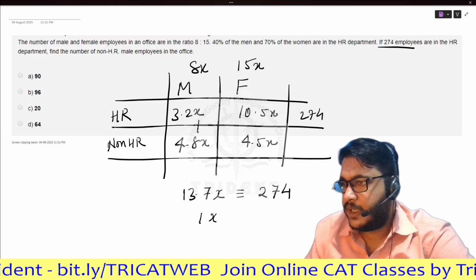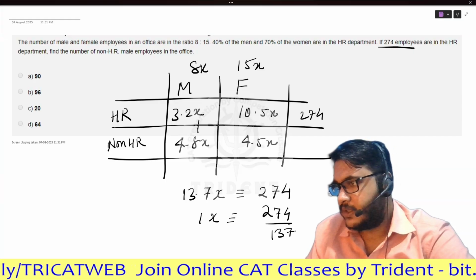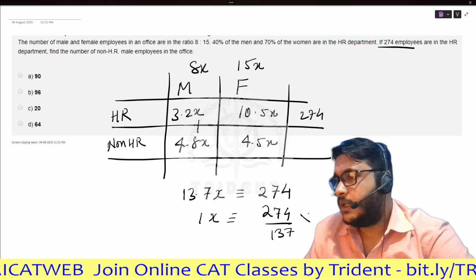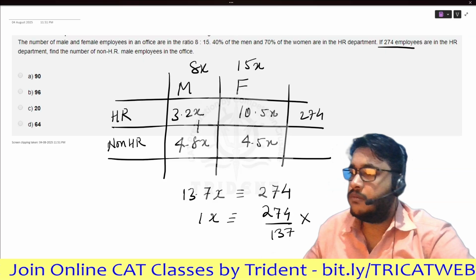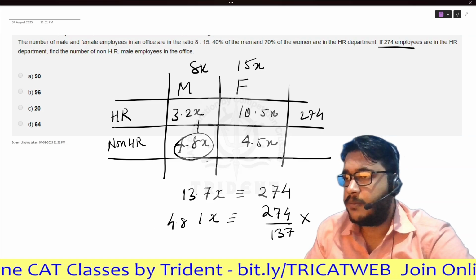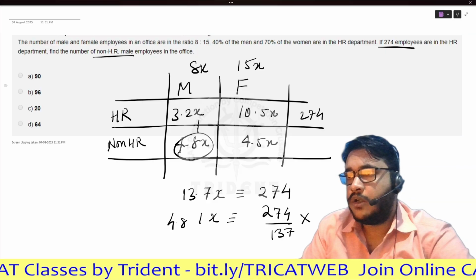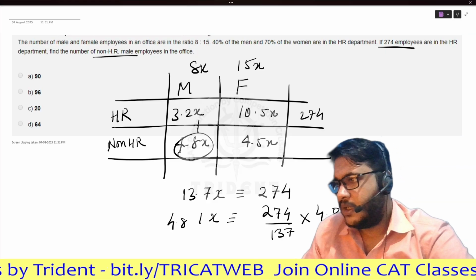So 1x will correspond to 274 upon 13.7. They are asking for 4.8, right? So 4.8, that is the non-HR male. Find the non-HR male employees. So just multiply this by 4.8.